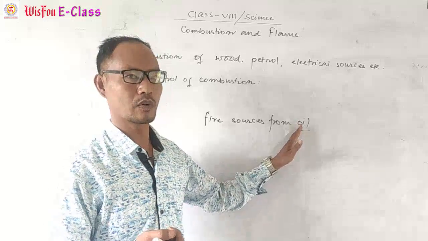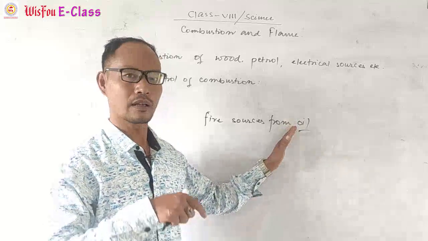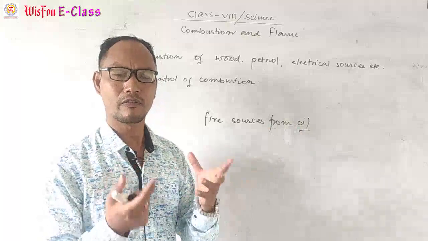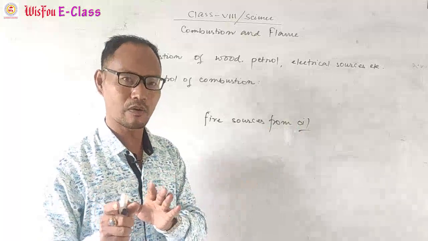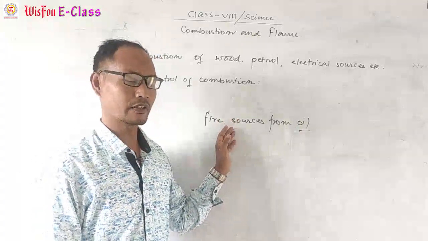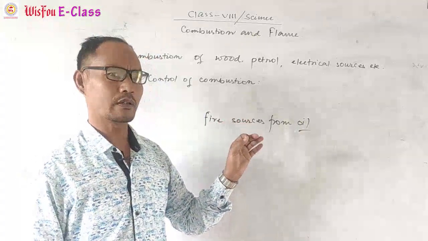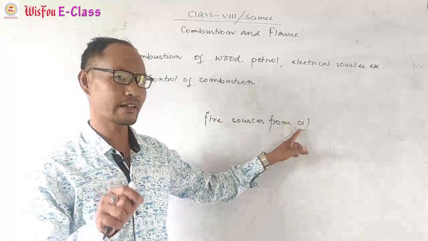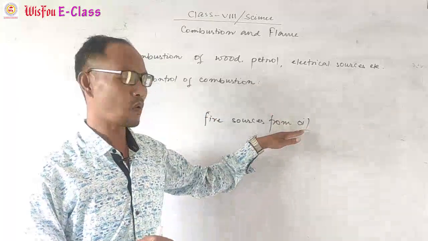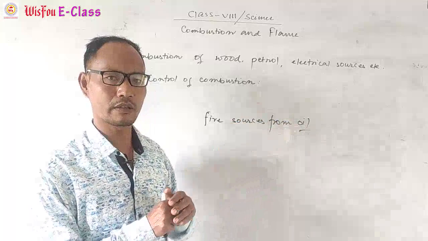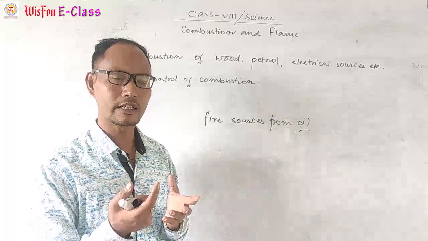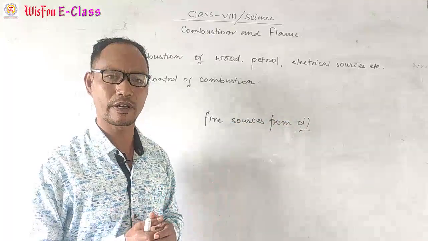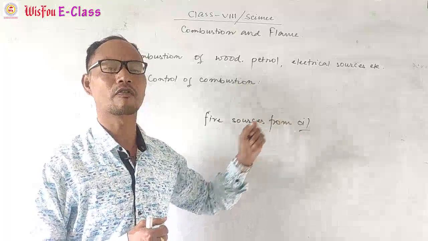In order to control the fire from oil, we have to explain now and later on. At first, when we use water as a fire extinguisher and oil is burning, oil is lighter than water, so oil floats on the surface of the water and continues to burn. So water is not sufficient as a fire extinguisher for firing of oil.